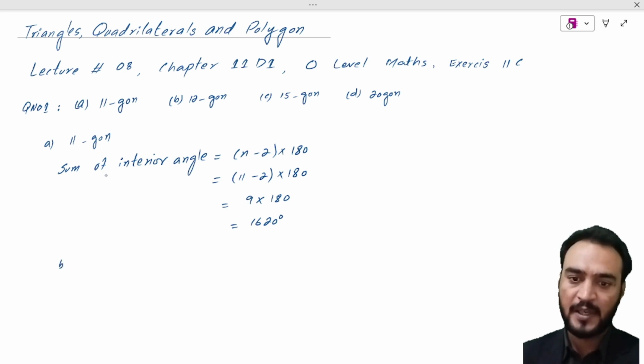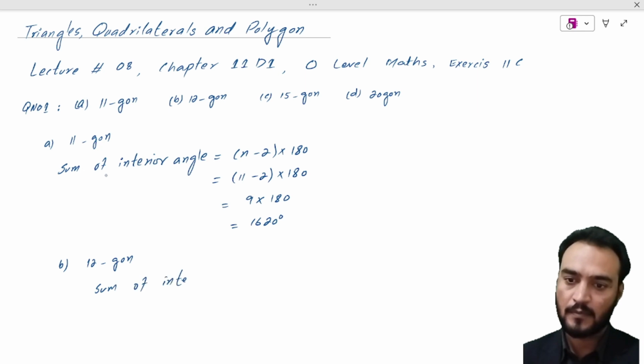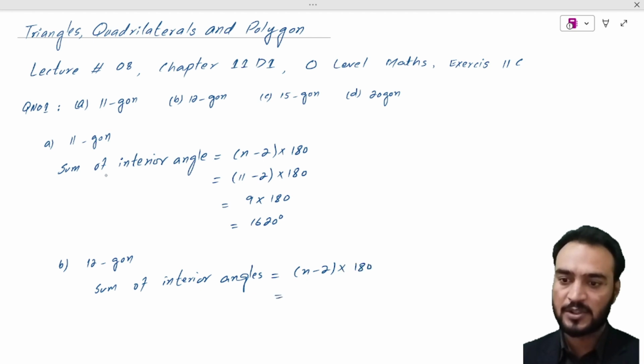Now the part B is 12-gon. Sum of interior angles is equals to n minus 2 times 180. So the value of n now is 12 because we have the polygon with 12 sides, that is 12-gon.